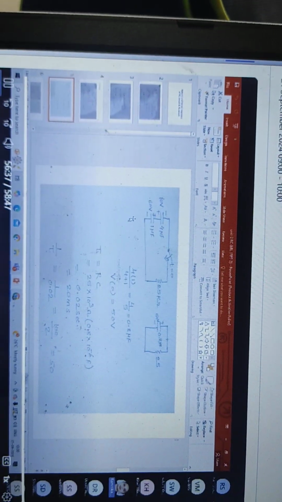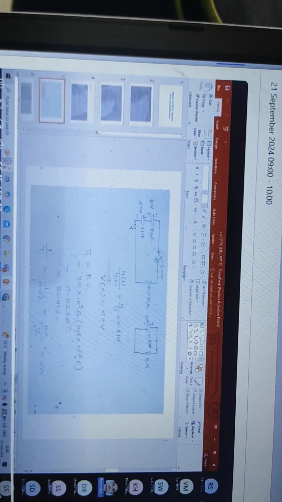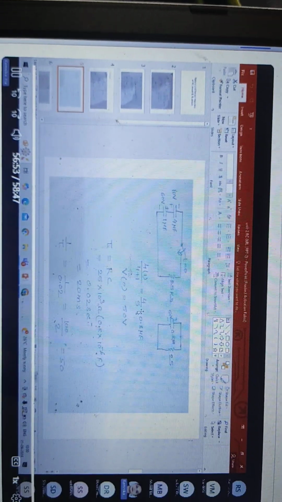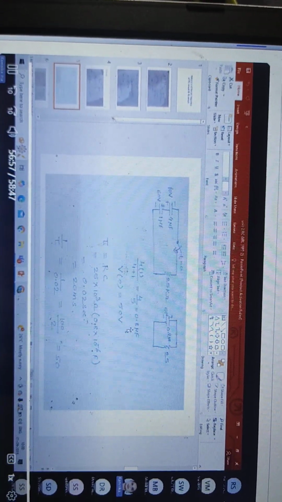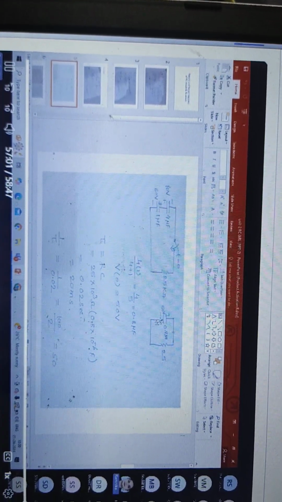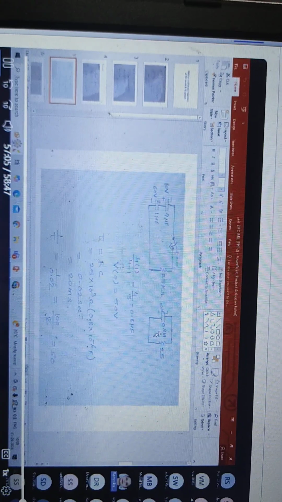First find the equivalent capacitor, since the capacitors are connected here. The 4 and 1 are in parallel, so we write 4 into 1 divided by 4 plus 1, which gives 4 divided by 5, so the capacitor value becomes 0.8 microfarad.